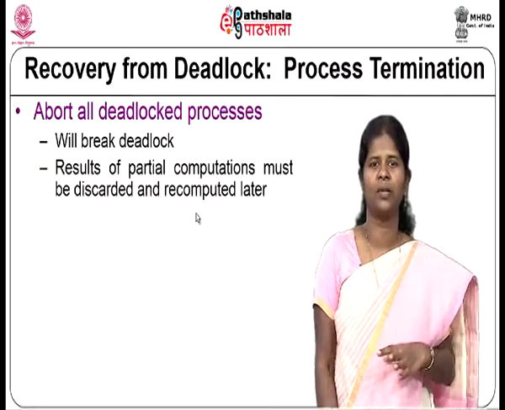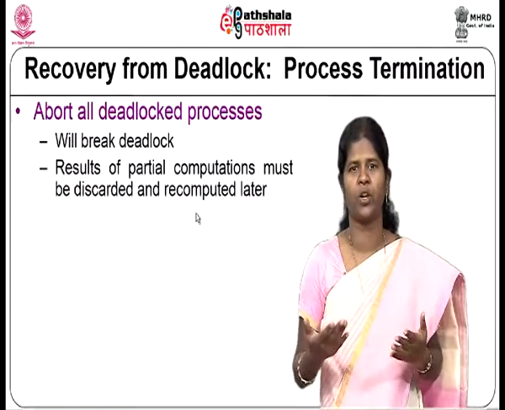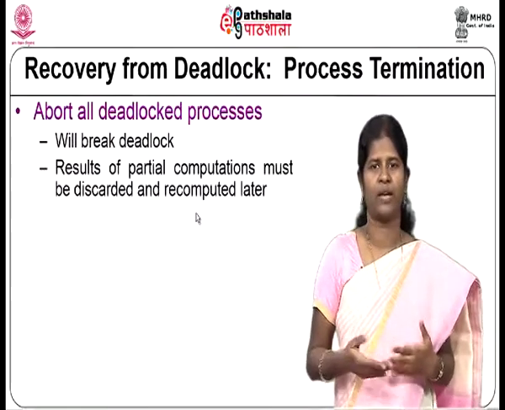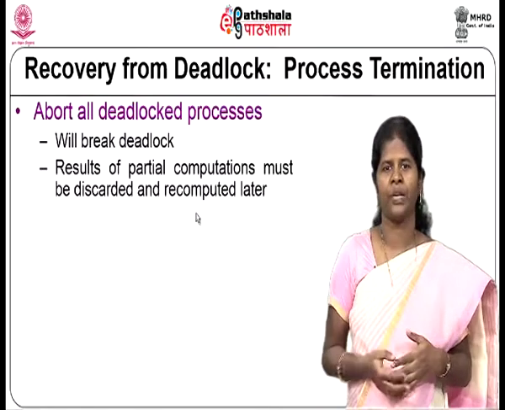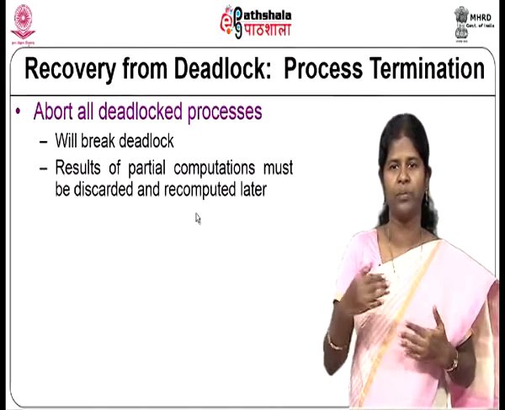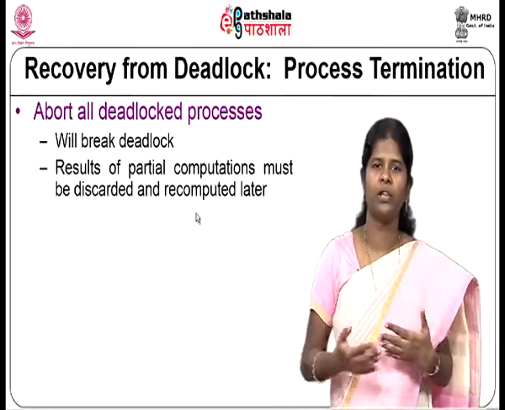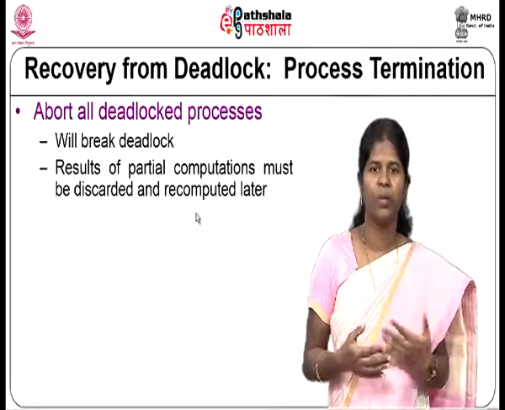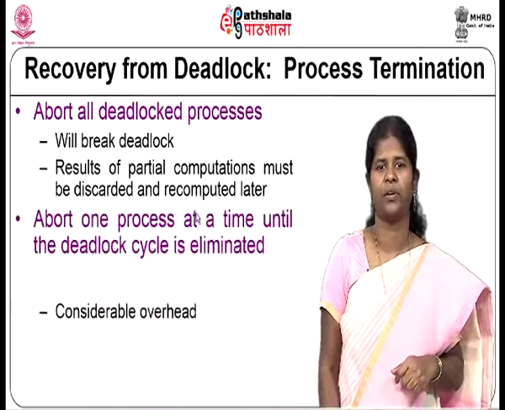So, if you run a cycle detection algorithm and find that some 5 or 6 processes are involved in the cycle, then you kill all these 5 or 6 processes. This will break the deadlock, fine, but what will happen to the computations that all these 5 or 6 processes have done earlier? All these partial computations will be discarded and they will have to be recomputed later.